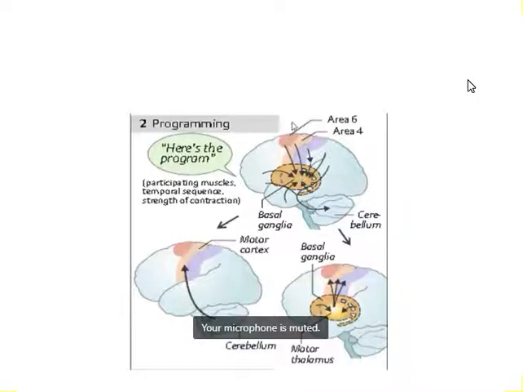When they fire, that information will be given to this premotor area and ultimately the motor area, and finally the execution of the movement will occur.